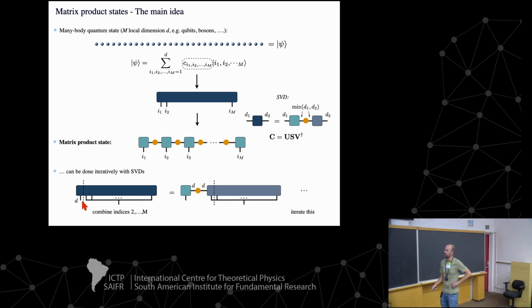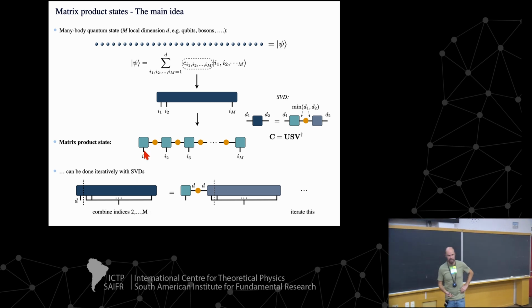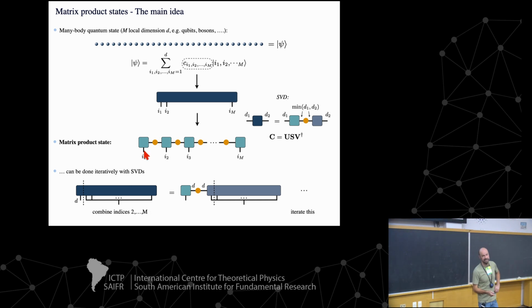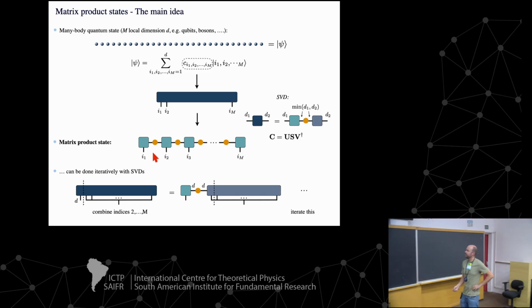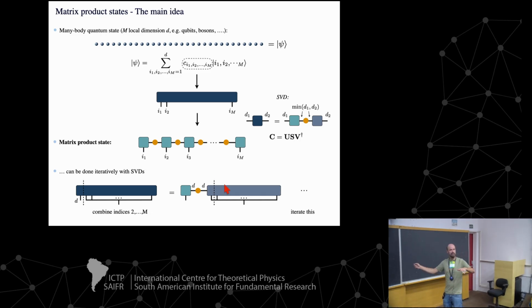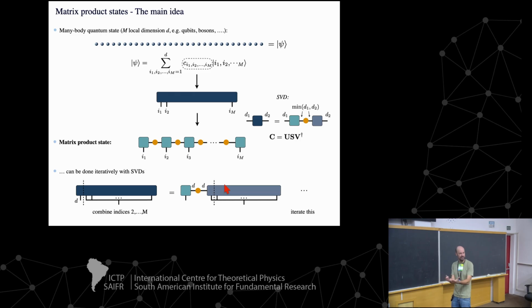For qubits, just 2. And this makes sense, because intuitively, the entanglement for the splitting of having only 1 qubit on the side can only be maximally 1, the entanglement entropy. So I need maximally an index of 2 to capture possibly all of the entanglement. But now if I keep doing that, then this dimension can get bigger and bigger, which means in the center of the system, I have potentially more entanglement between the different blocks.